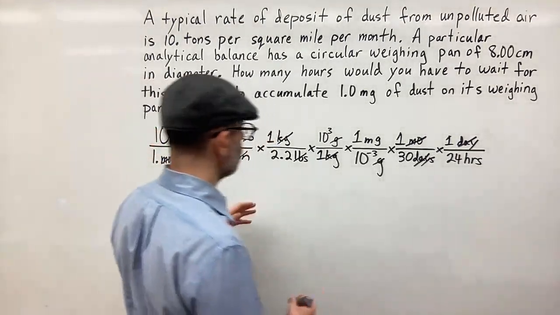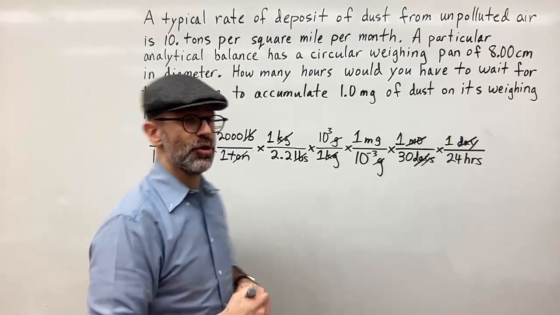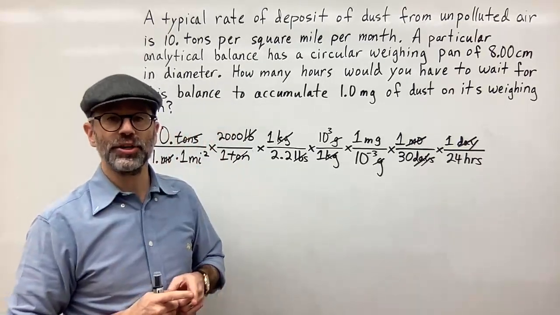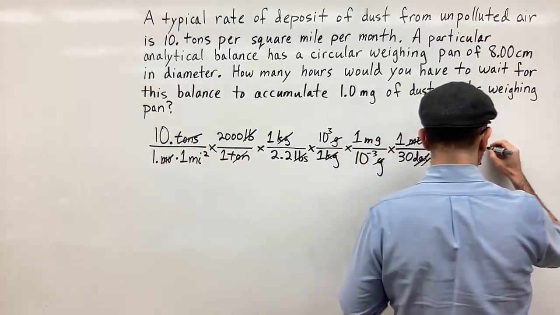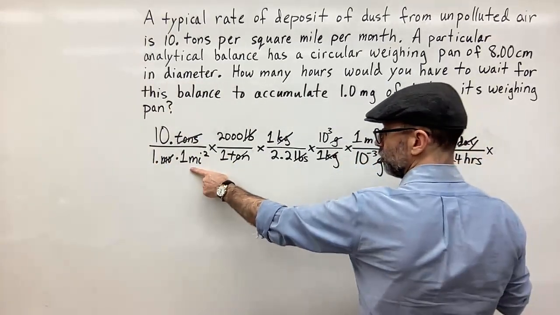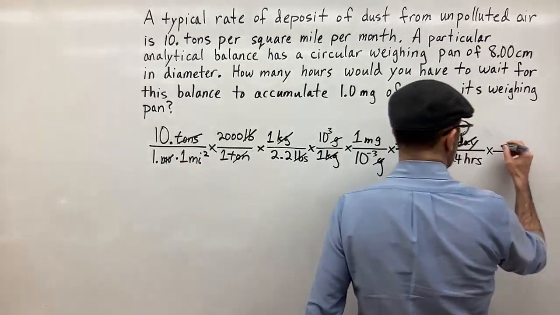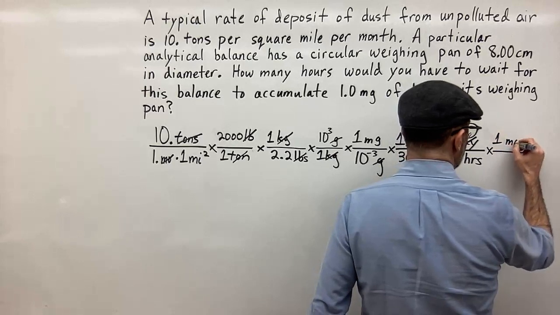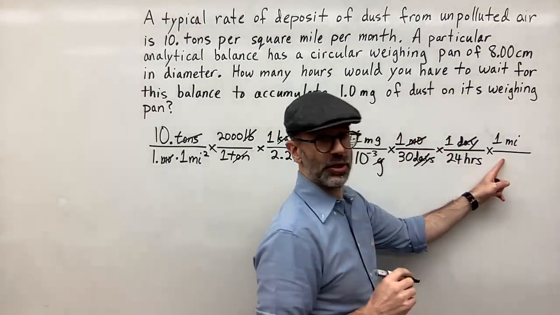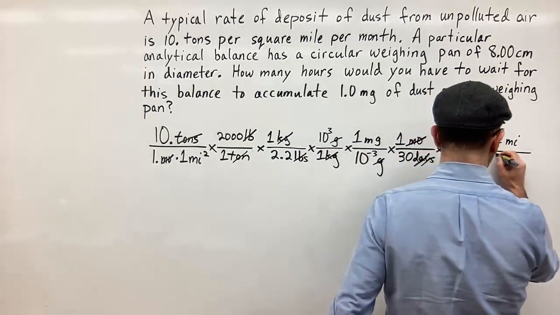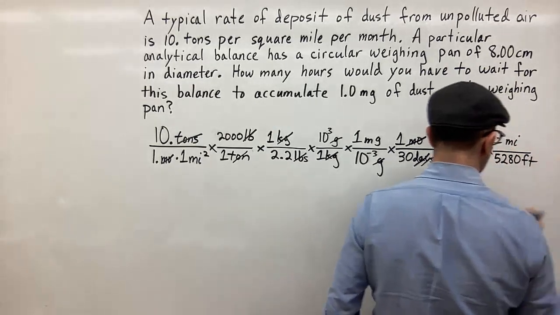Okay, here we go. So miles squared, I'm going to go from miles to feet. So I know that there's 5,280 feet in a mile. So I'm going to use that conversion factor. So I have miles squared on the bottom, so I'm going to put 1 mile on top and 5,280 feet on the bottom.